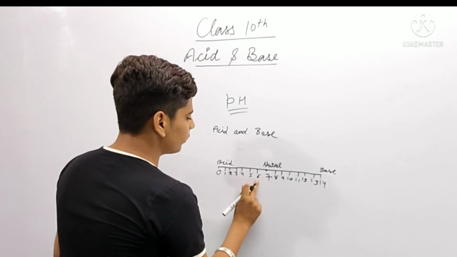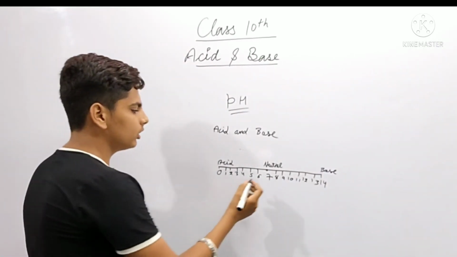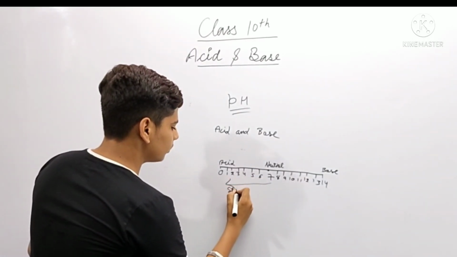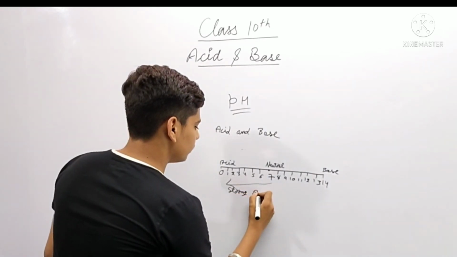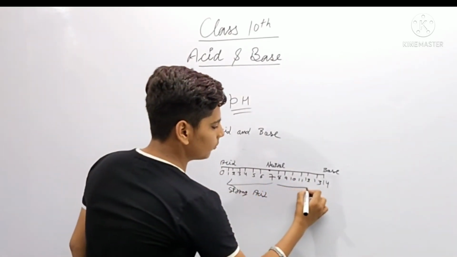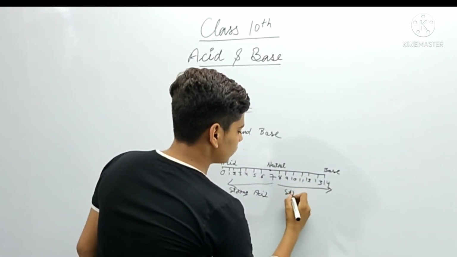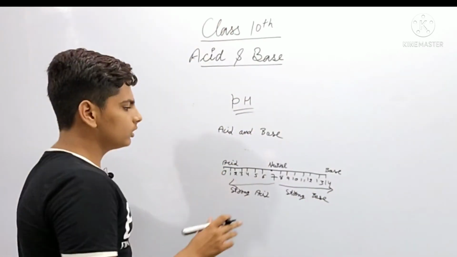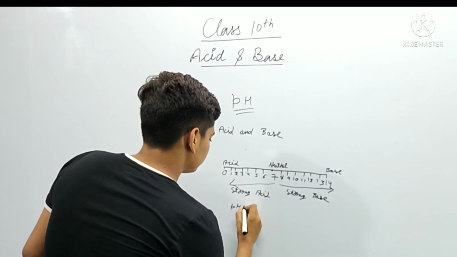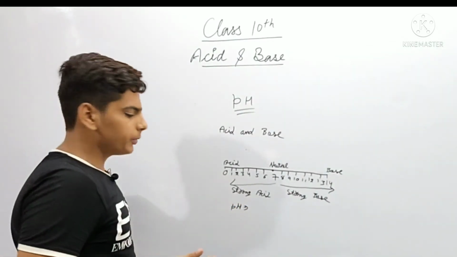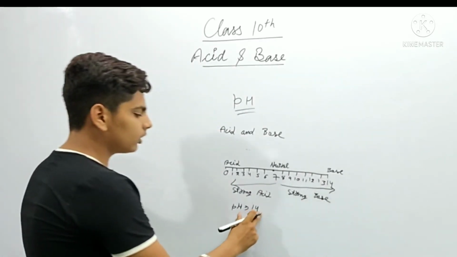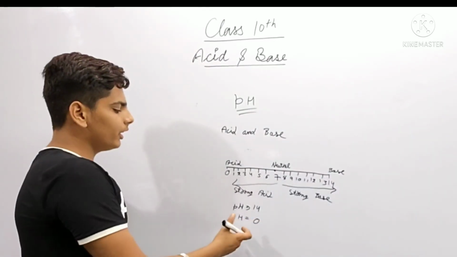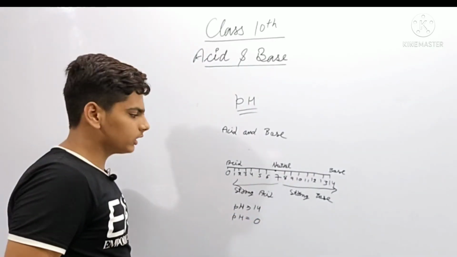Do you know what strongness and weakness of the acid and base is? When we go 7 to 0, they are strong acids, and when we go 7 to 14, they are strong bases. The base with pH value 14 is the strongest base, and the acid with pH value 0 is the strongest acid.